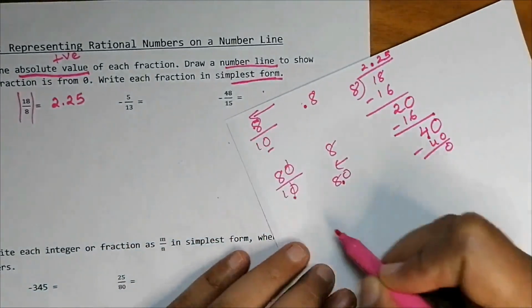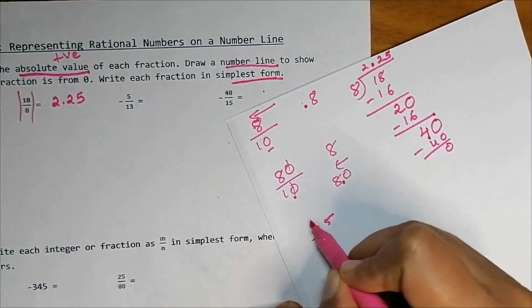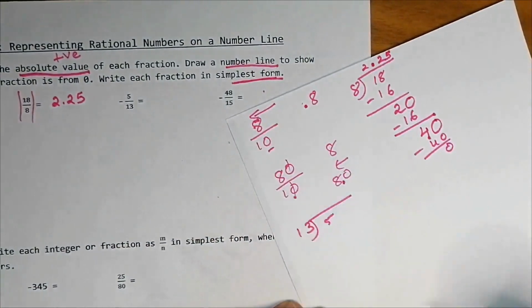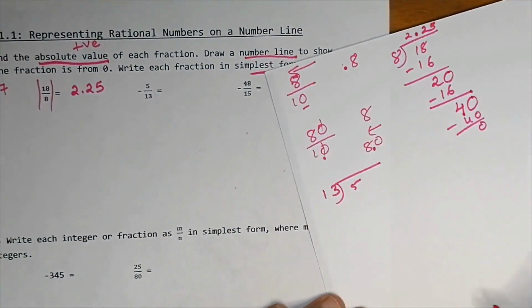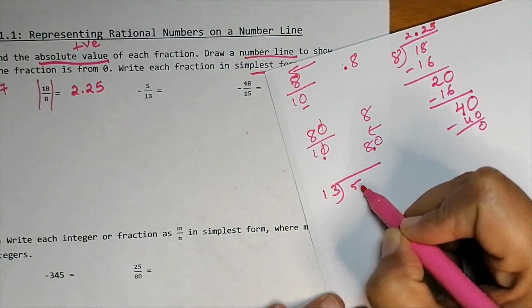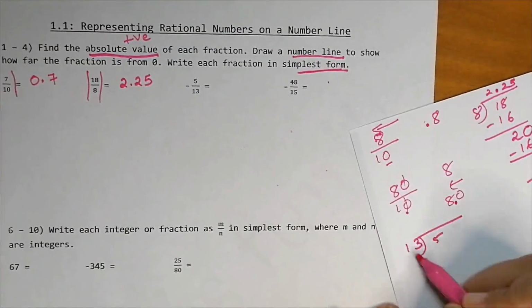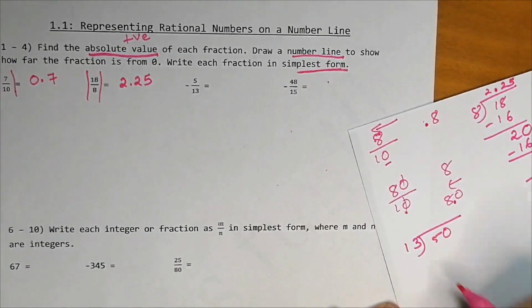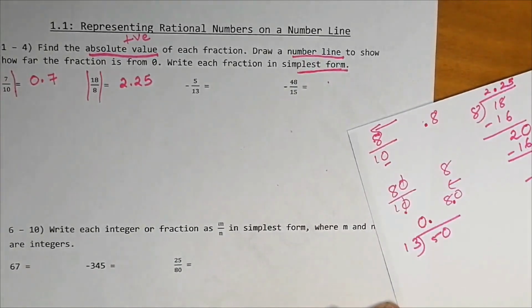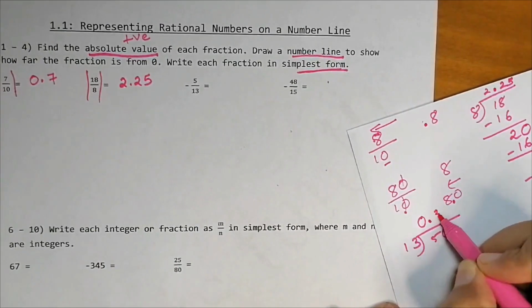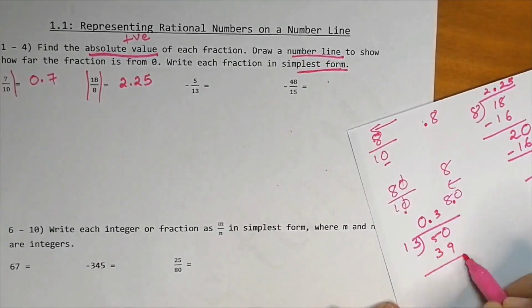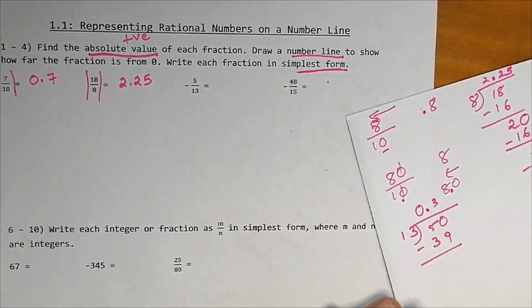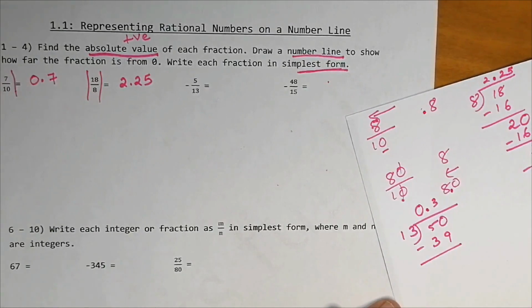Then the next number you have is 5 divided by 13. Okay, so you know 5 is smaller than 13, right? So this is not possible directly. So you put 0, right? And you put here the decimal point. 13 times 3 is 39. Remember, you need to know your times tables. It's very important that you know it.